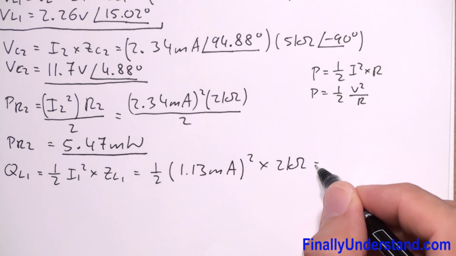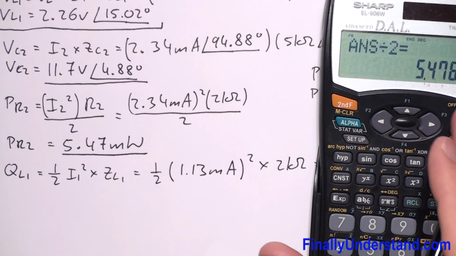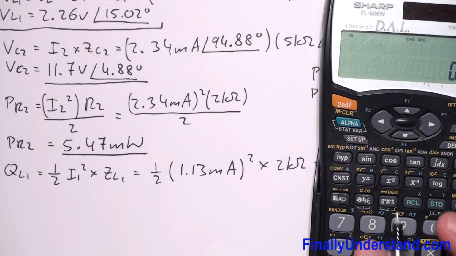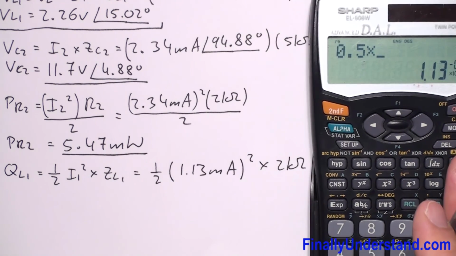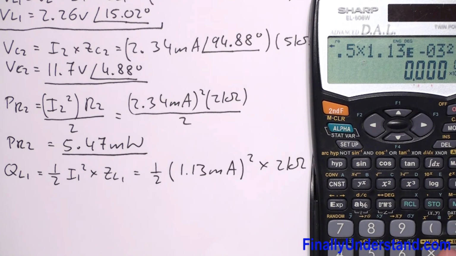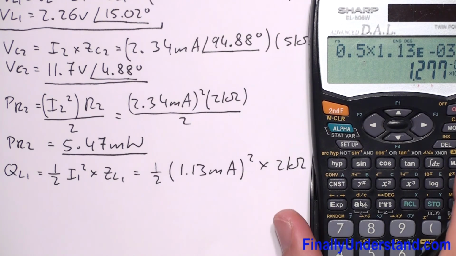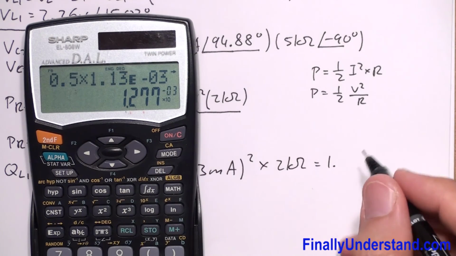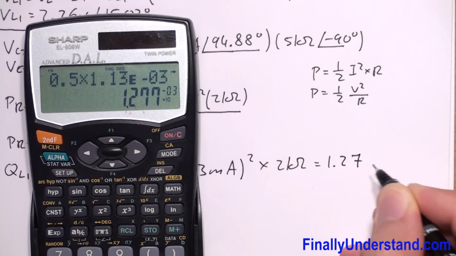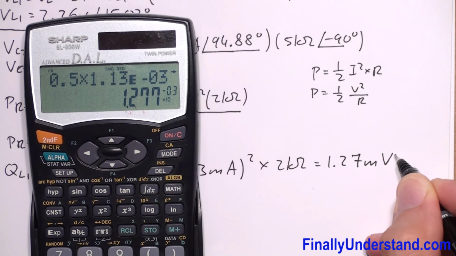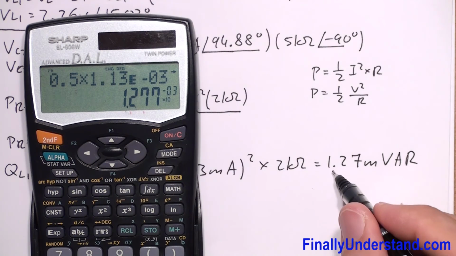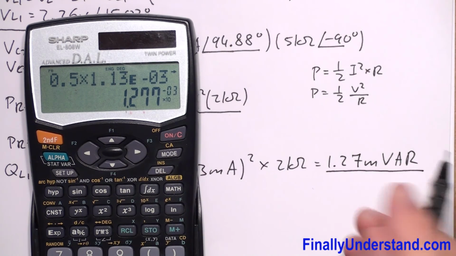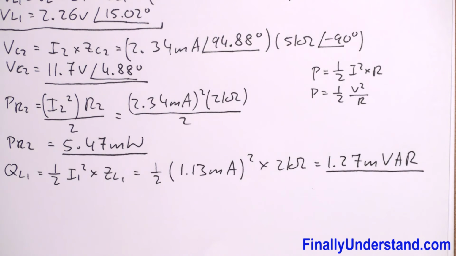I'm not using angles over here, so I have 0.5 times 1.13 exponent 3 negative square times 2 exponent 3. So I have a value of 1.27 millivolt ampere reactive. Okay, so this is the reactive power of my inductor.